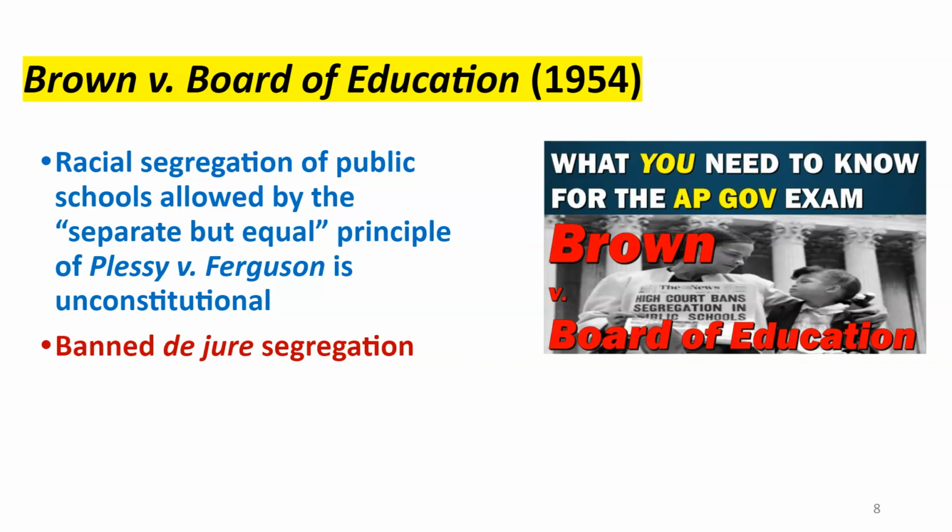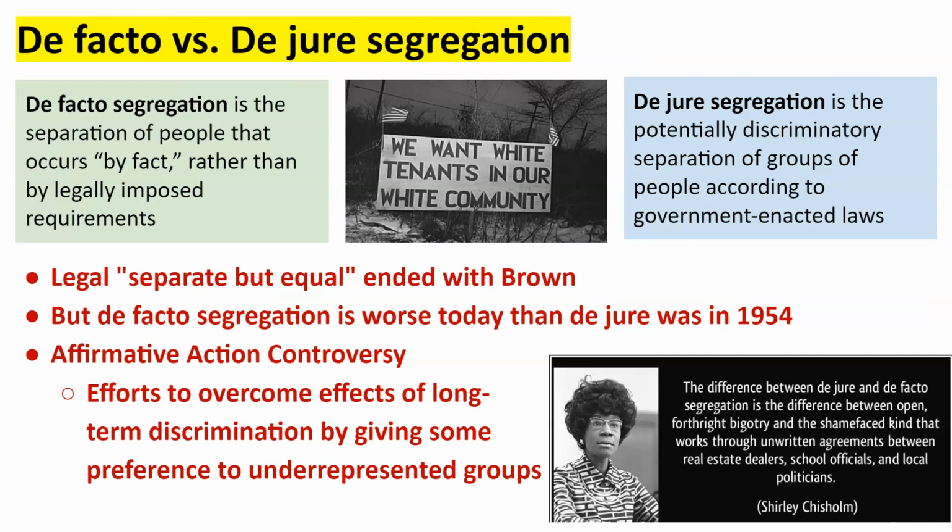Brown versus Board of Ed 2 would say we need to do it with all deliberate speed, but this essentially bans the idea of de jure segregation, the idea of a court stepping in to ban segregation. Now, this leads to another term that we try and address here, the idea of de facto segregation, people separating by moving to different places or discouraging or encouraging people to move into certain communities.